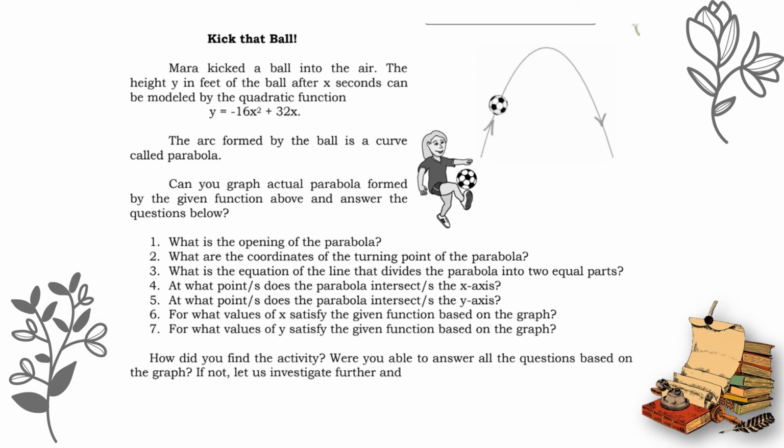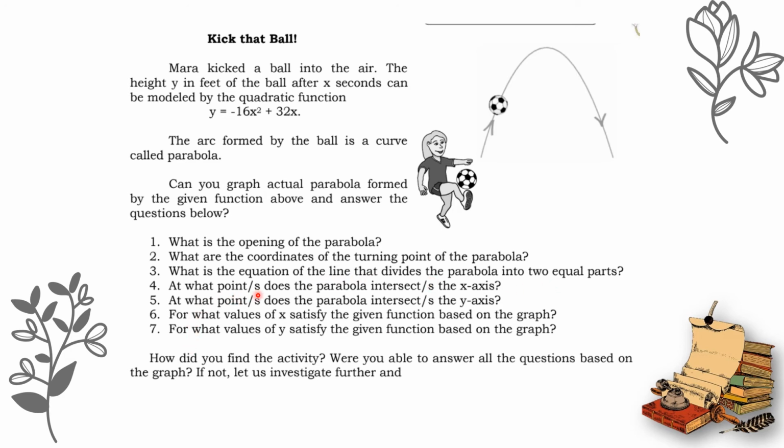So, we have here the different characteristics of a quadratic function or a parabola. What is the opening of the parabola? The coordinates of the turning point of the parabola. What is the equation of the line that divides the parabola into two equal parts? That is the symmetry.